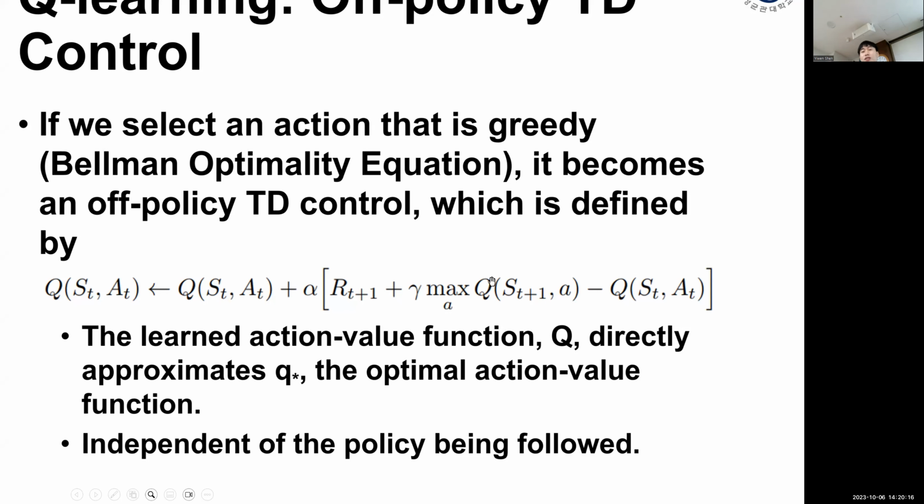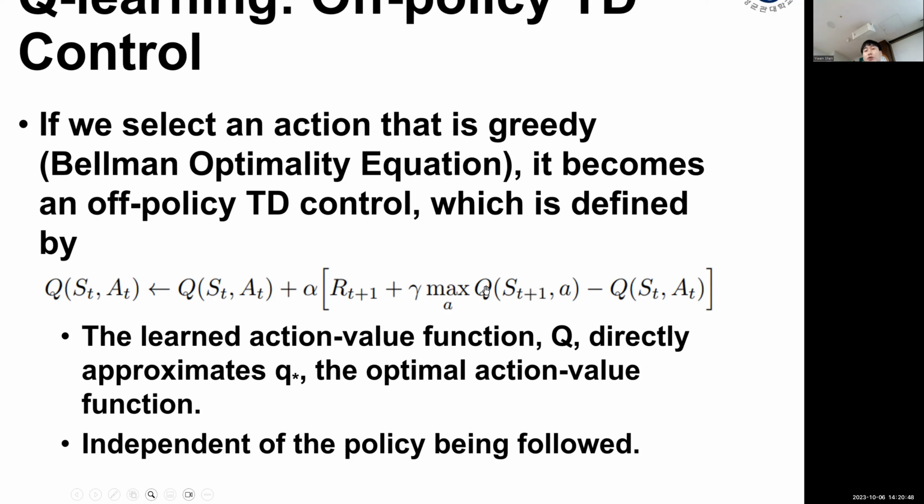We just select the action that maximizes the next state action value. The explanation for this algorithm is that the learned action value Q directly approximates Q star, which is the optimal action value function.